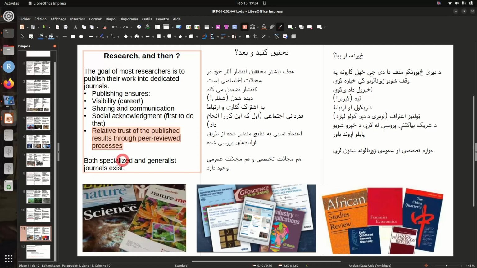Well, these journals, typically, if they are good journals, make the article go through a review. It's called a peer review, where the researcher is asked questions and asked to do checks to make sure that there are as few mistakes as possible.